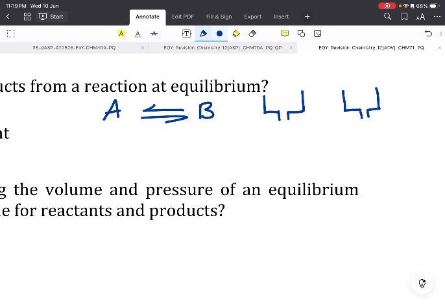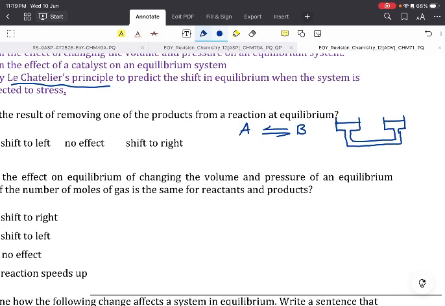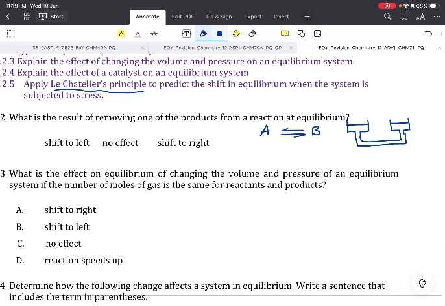Always draw water tanks next to your question. And these tanks are filled with water. And we're gonna treat the stress given to be like water added or water removed from the sides of this tank.